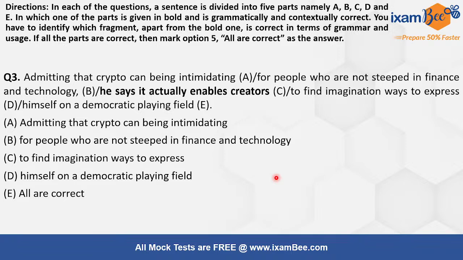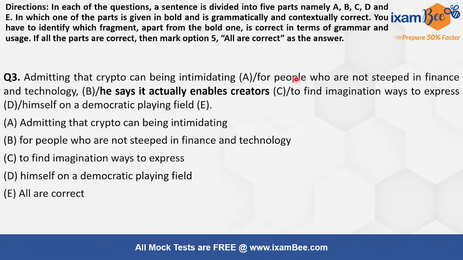So the first part says admitting that crypto can being intimidating. So it should be can be intimidating. All right, so this is incorrect, A. Now we will move to part B. It says for people who are not steeped in finance and technology. Then we'll move to part D, to find imagination ways to express, right?